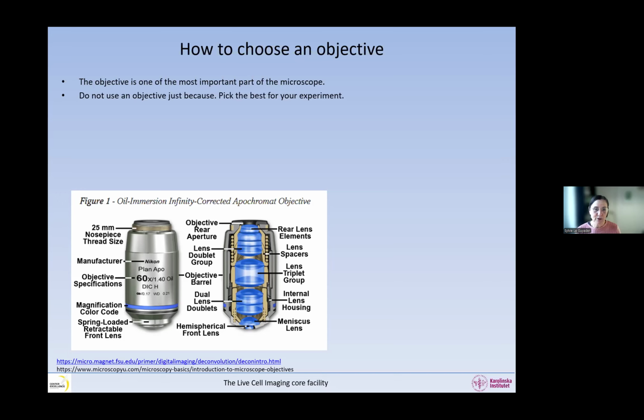You pick the best for your experiment and you design your experiment, right? People will tell you, oh, just use that one, but just think. The objectives are extremely expensive. Well, it depends which ones, but the good ones can be up to 220,000 euros. So take care of them. They are really costly. It sometimes takes several months to get them fixed if there is a problem with the front lens.